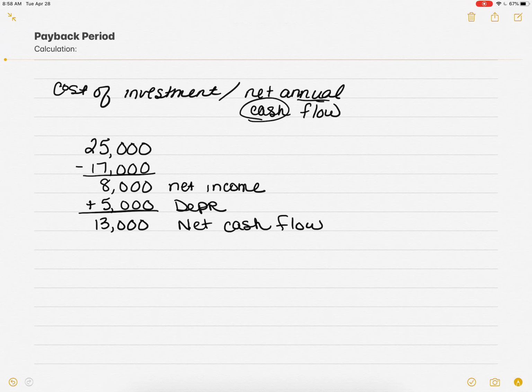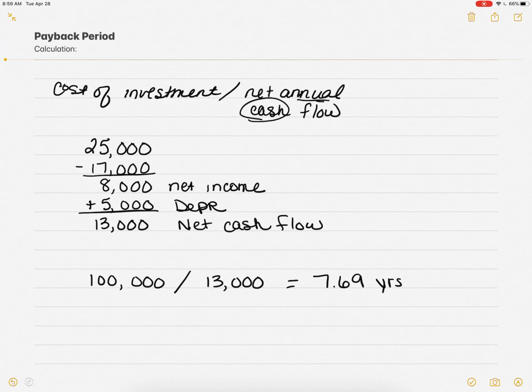So now that I have that number, I can go back to my original equation. I can take that cost of investment, I can divide by my net cash flow to get to how many years it's going to take me to get my money back from this investment.